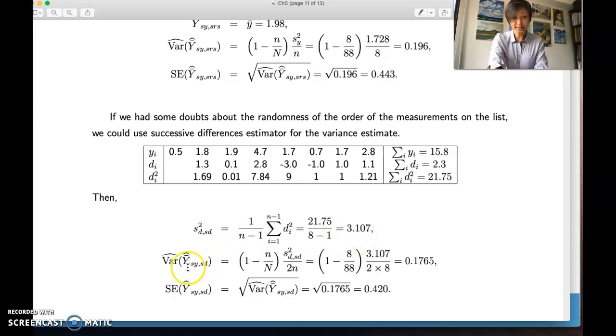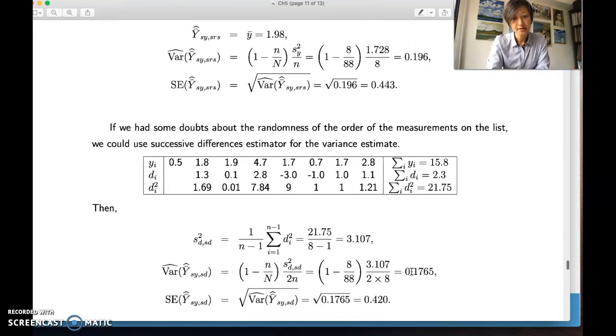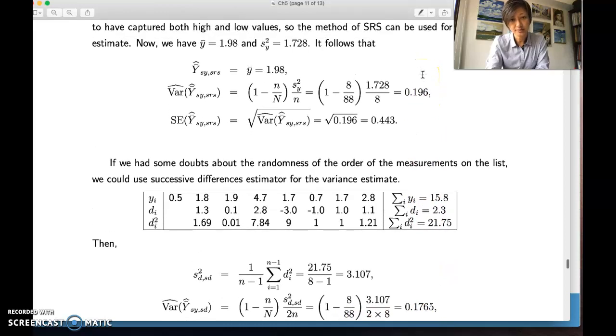Substitute that into the estimated variance formula. Instead of using sy squared over n, we are using sd squared over 2n. So the estimated variance is about 0.1765. Comparing this, the differences method's estimated variance is very close to the SRS estimator.